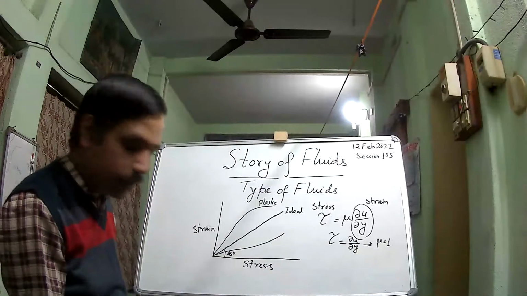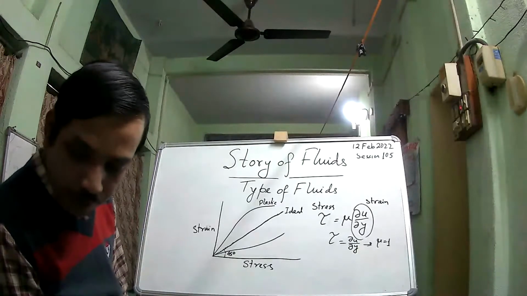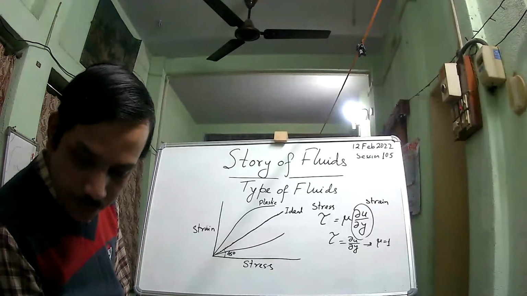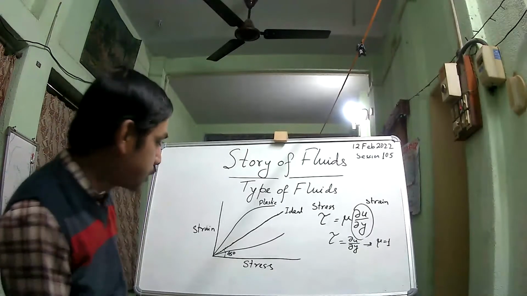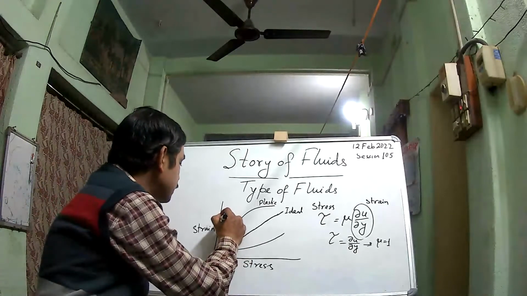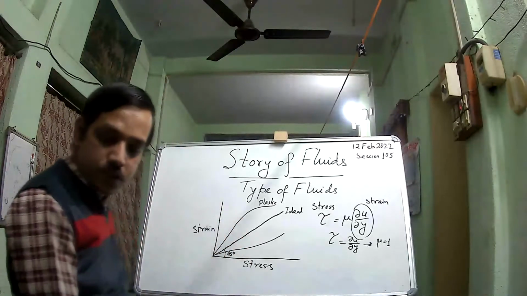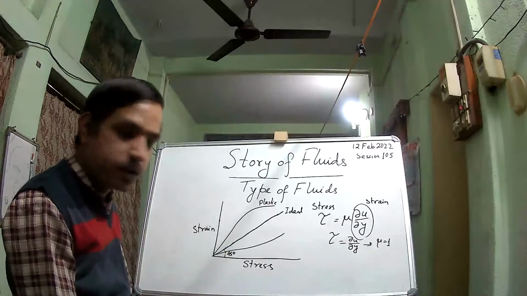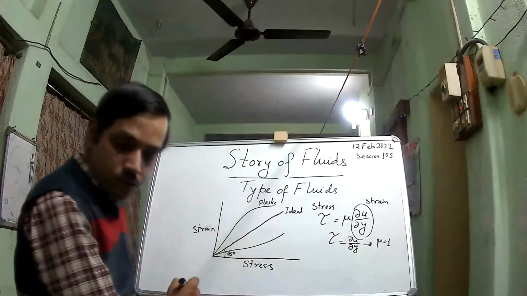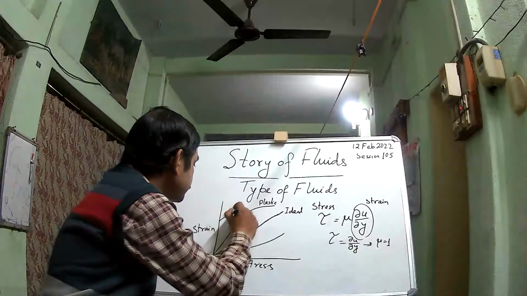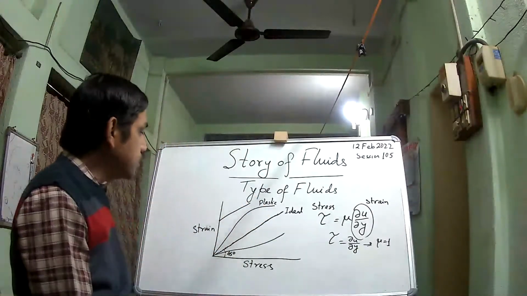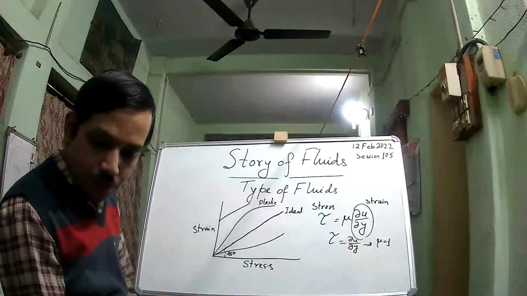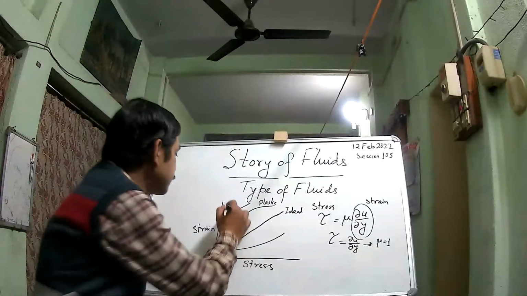So that is very much an ideal plastic fluid. After some stress, that removes the internal resistance, and then it starts to change. So that is the ideal plastic fluid.